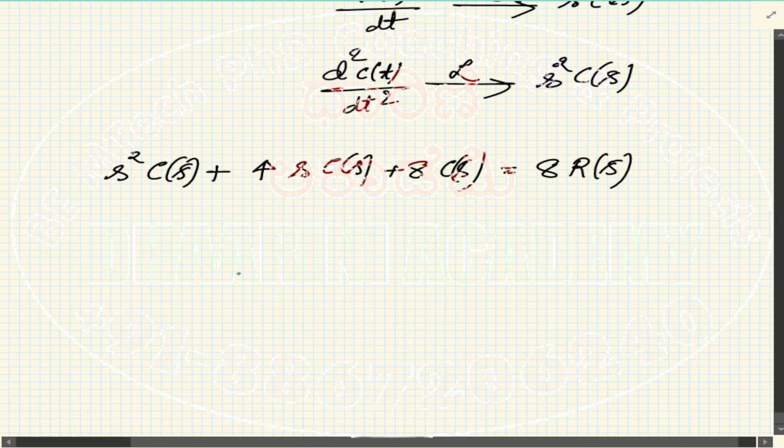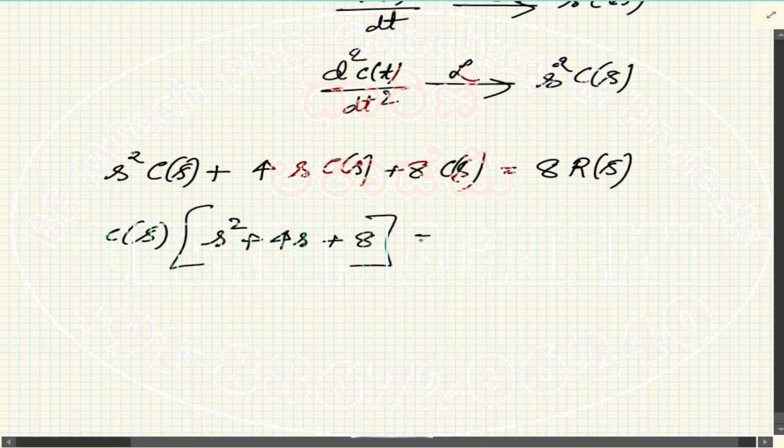Now we can take the c of s outside, so this is c of s into s square plus 4s plus 8 equals 8 into r of s.